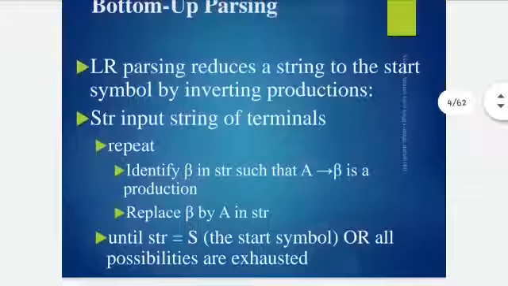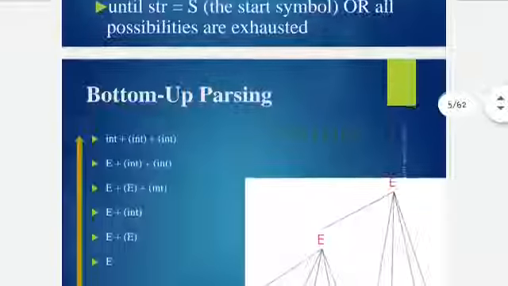In bottom up parsing, LR parsing reduces a string to the start symbol by inverting productions. So what does inverting productions mean? Suppose we have a production A produces beta. Here we are always trying to reach from the beta node to the A node, that is the starting symbol.